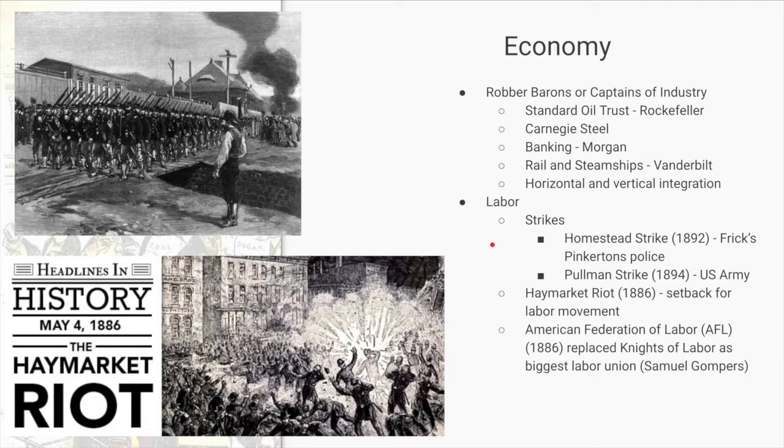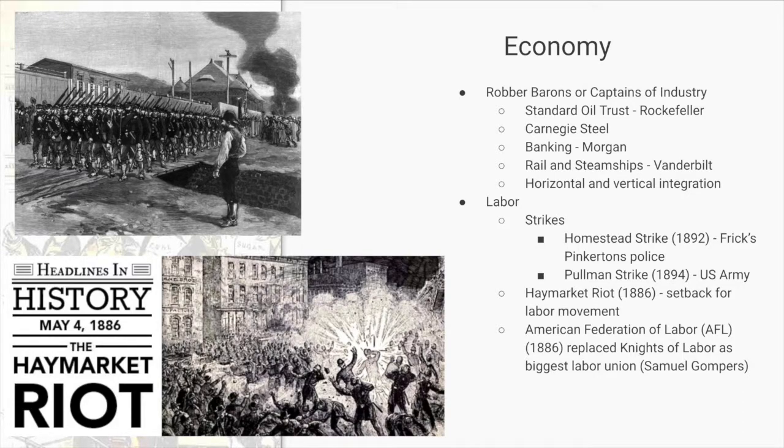Now, laborers, okay, they are going to rebel against these robber barons and captains of industry in a few ways. You should know definitely that strikes are very common at this time, and the response to these strikes is what is interesting, okay? We had the Homestead Strike in 1892, and the important thing here is Frick is going to hire the Pinkerton Police Force, which is a private police force, to put down this massive strike.